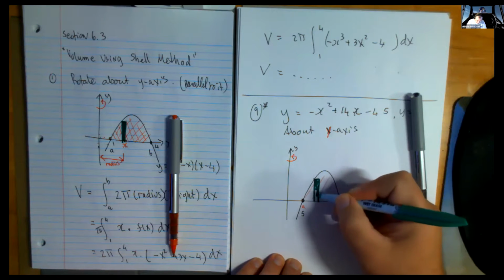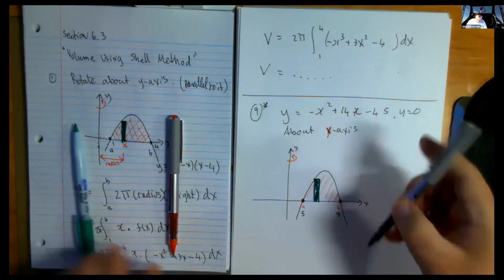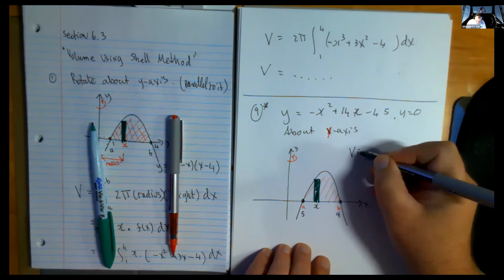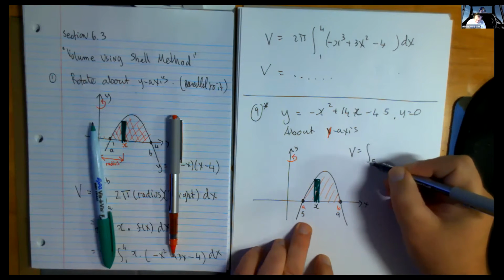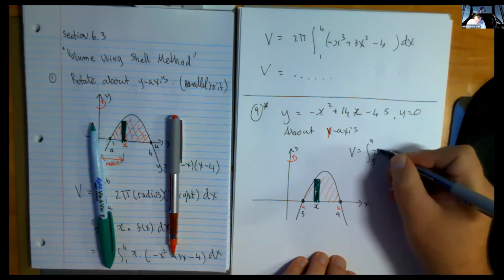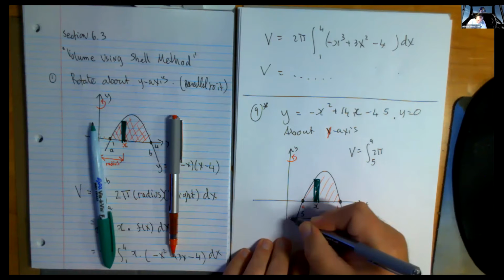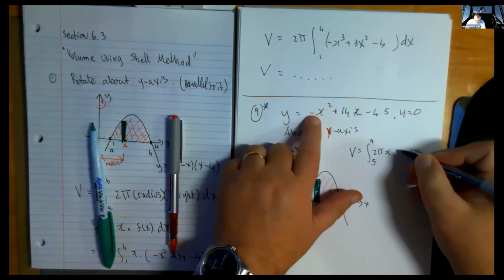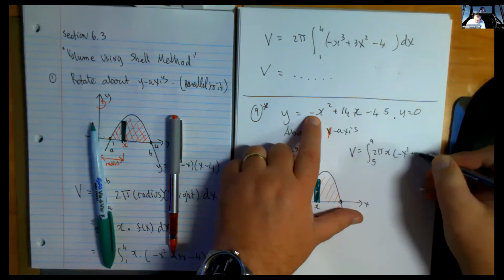There's my typical rectangle at position X. So the volume is from 5 to 9. 2 pi, the radius, just X, and the height is this guy.